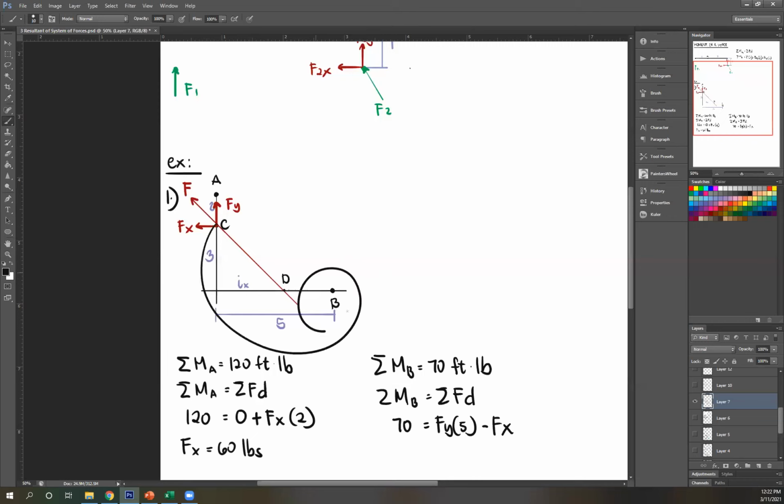That's why I know it's counterclockwise. So minus Fx times the perpendicular distance. Once again, you can extend the line of action of Fx. This is the perpendicular distance, and that distance is equal to this distance, which is 3, multiplied by 3. I already know MB to be 70, therefore I can solve for Fy.